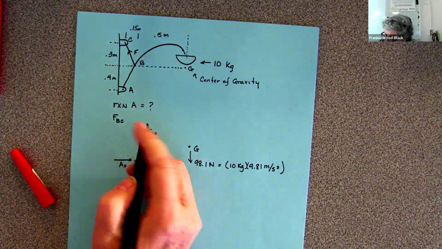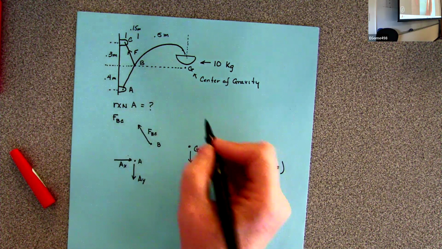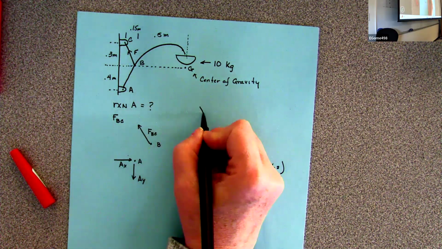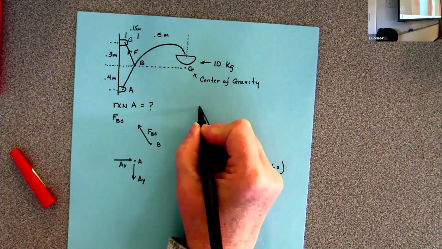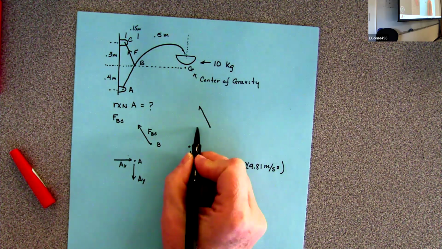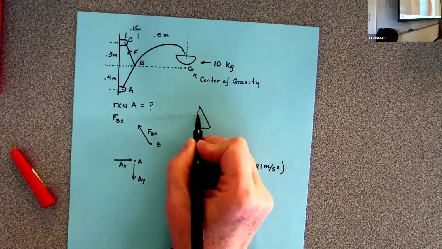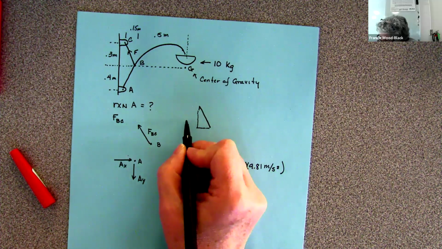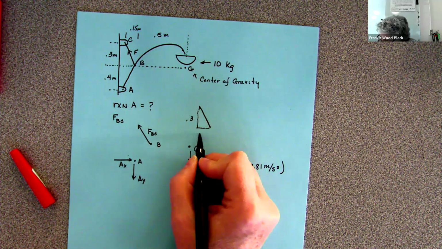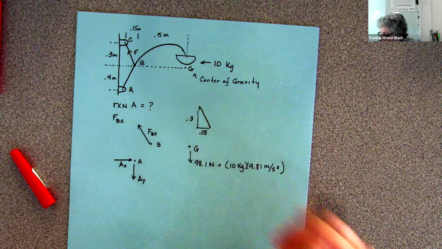Now, given this, if we look at the triangle here, this is 0.3, this is 0.15.